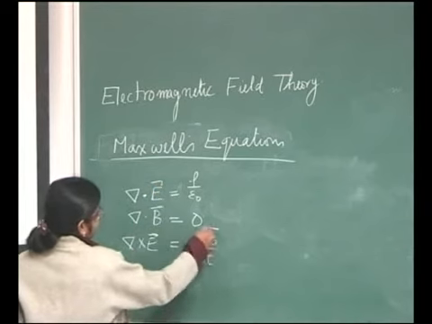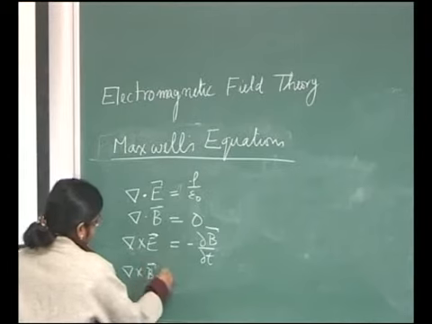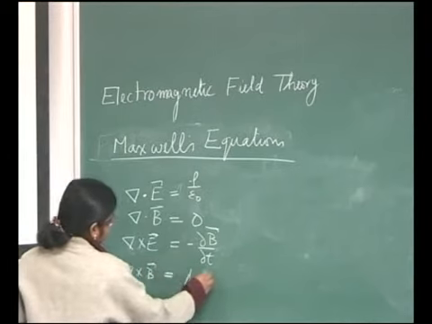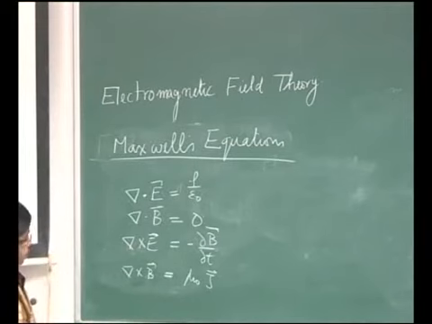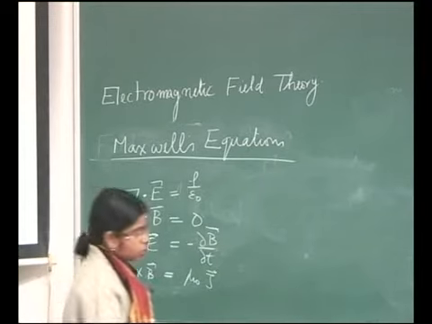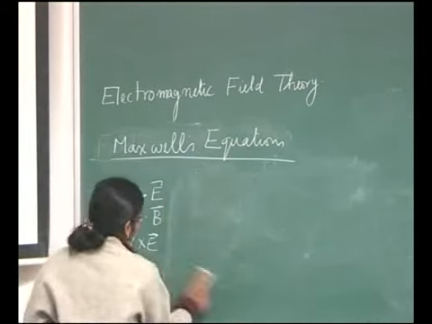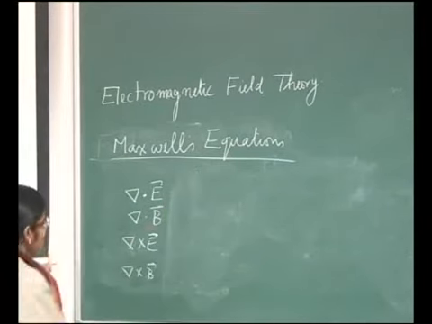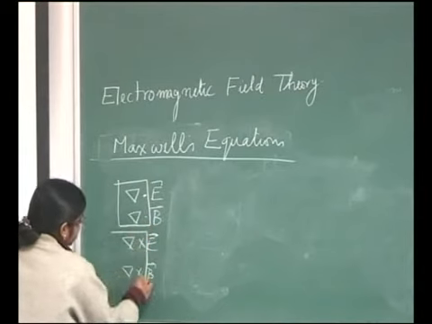And there is another, which is mu naught J. So these are the 4 equations. These equations are not important at the moment. If we look at the left hand side, there are only 2 sets of differential operators.